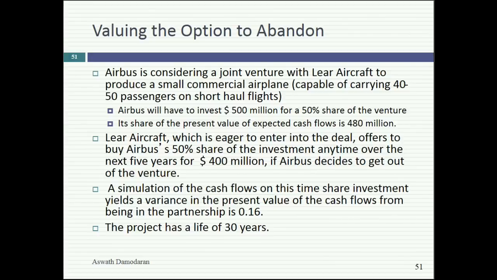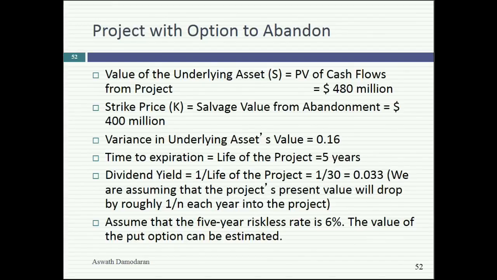So it's a 5-year project, and the value has some significant uncertainty, 0.16 variance. So I plug the numbers in. The value of the underlying project is, if you take the project today, what's it worth? It's $480 million. The strike price is $400 million. So this is an out of the money option, because remember, it's a put option. The value has to drop below $400 million for you to abandon it. You have 5 years to play this game.